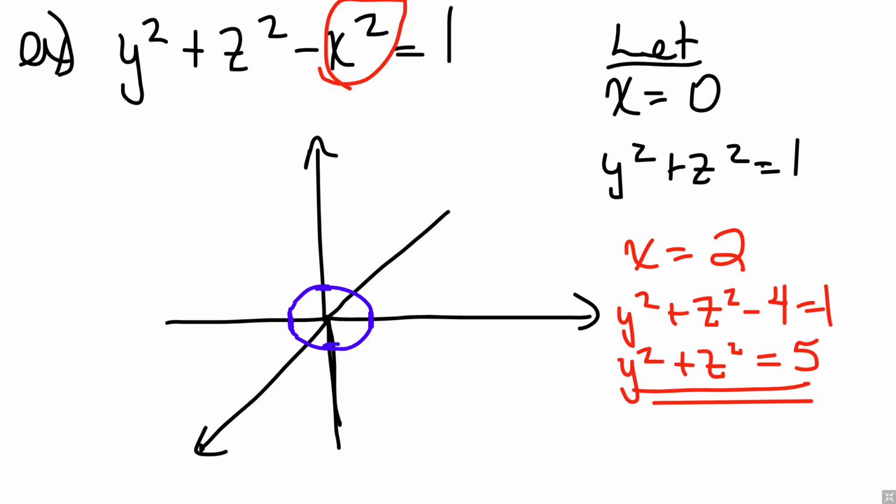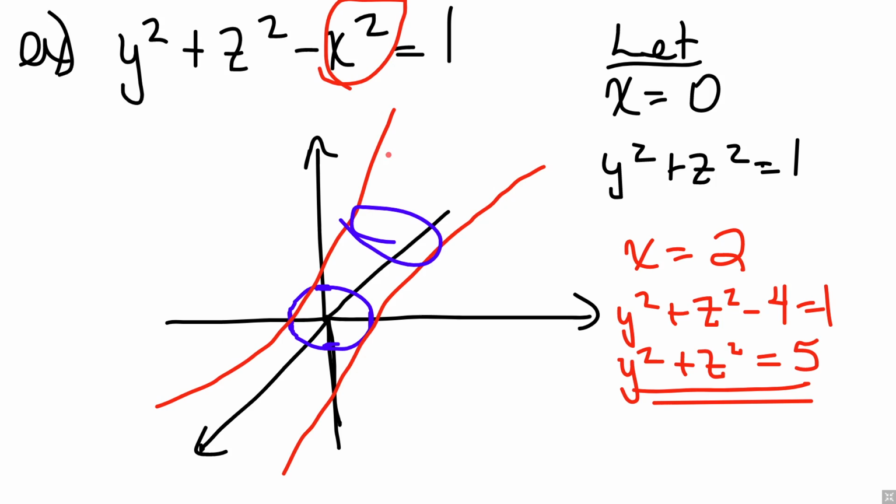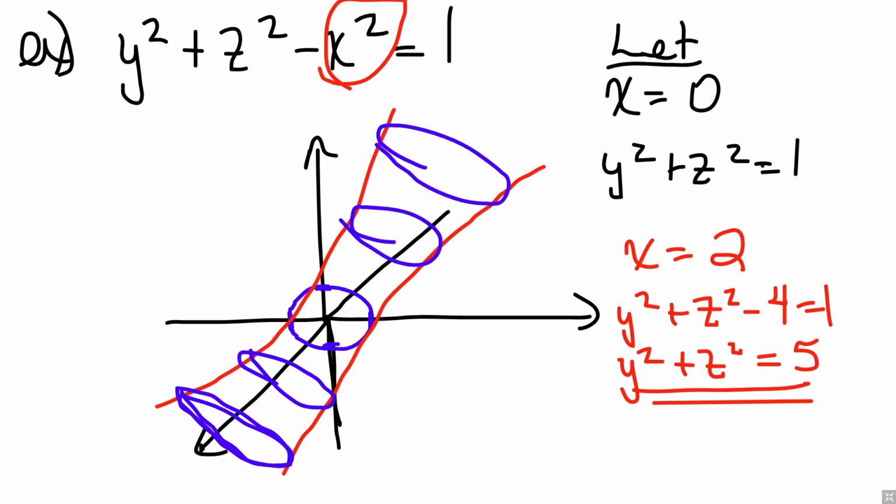So essentially, what's going to happen here is that we are having kind of like hyperbolas going on here along the sides. And what's happening in the center is that the circles are getting bigger as we move along, but keep in mind that we're moving along the x-axis.